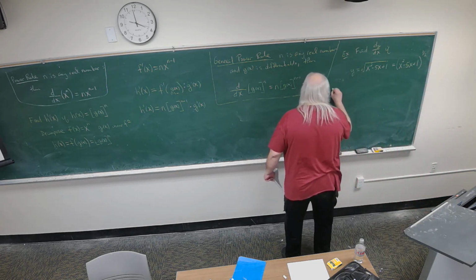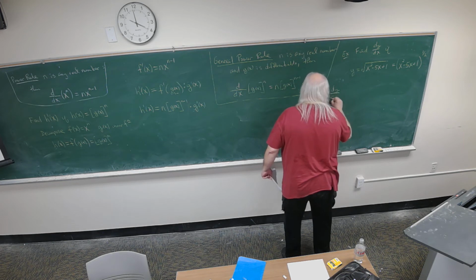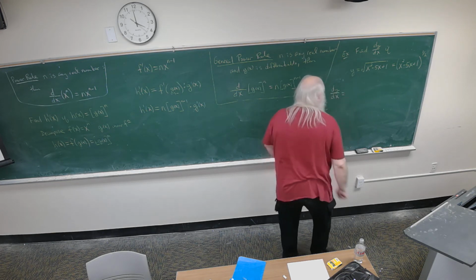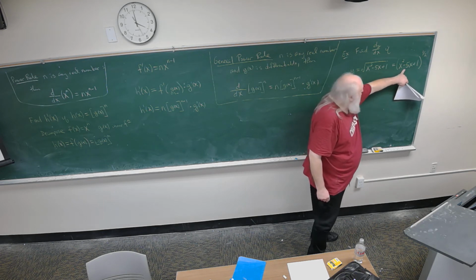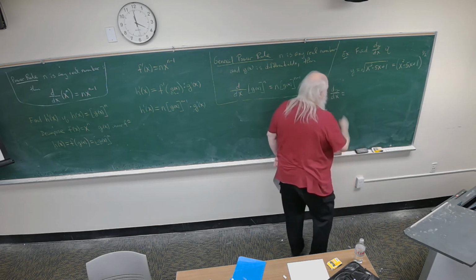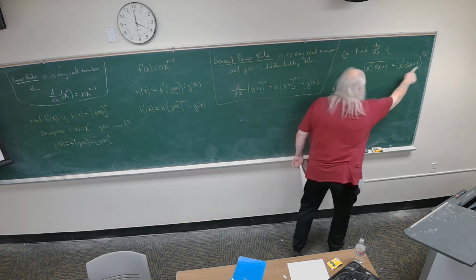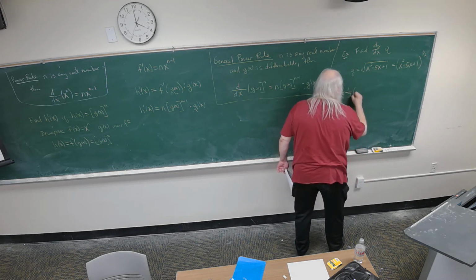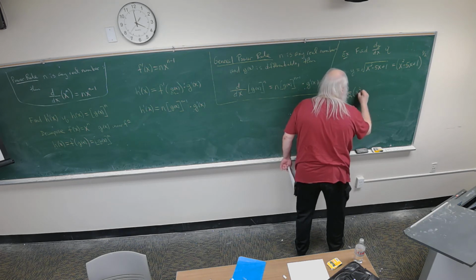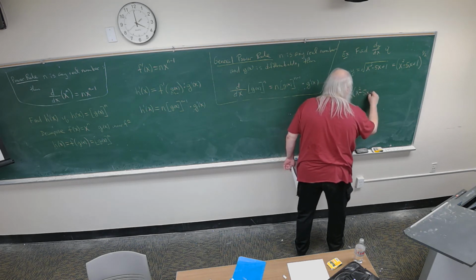To find the derivative of y with respect to x, our inner function is what's inside the parentheses here. Using the general power rule, you bring the exponent 1/2 down in front of the left parenthesis.